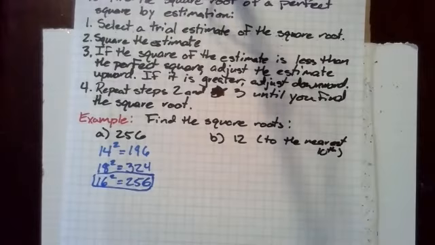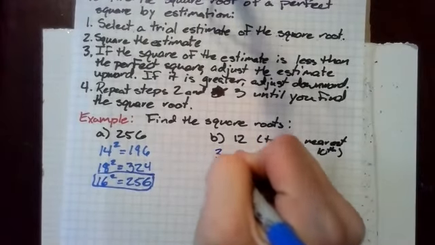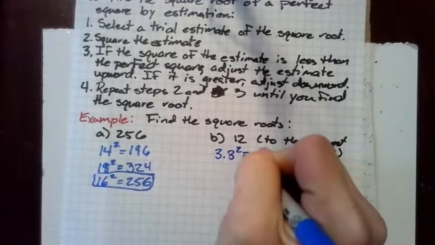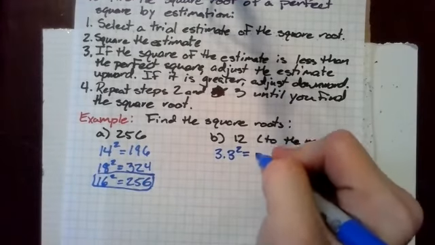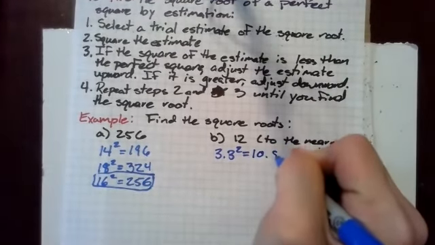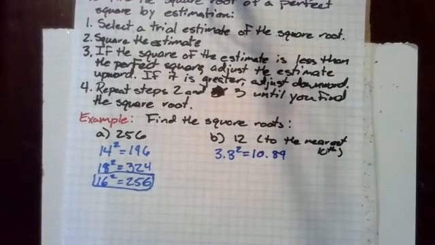So let's say I pick the number 3.3 and square that. 3.3 squared, according to my calculator, is 10.89. We're going to have to go up a little bit.